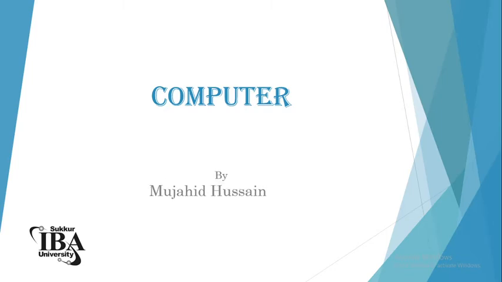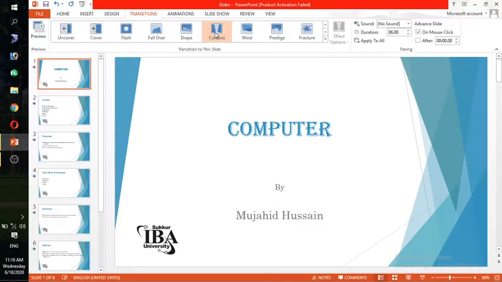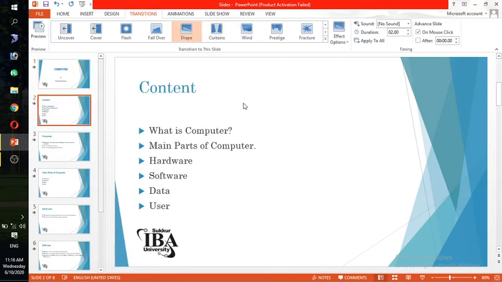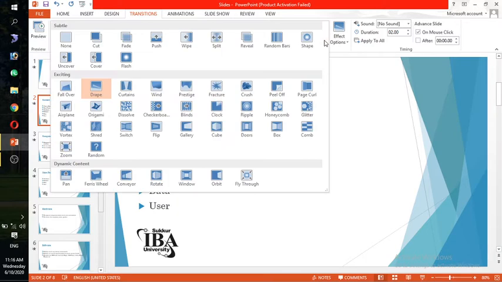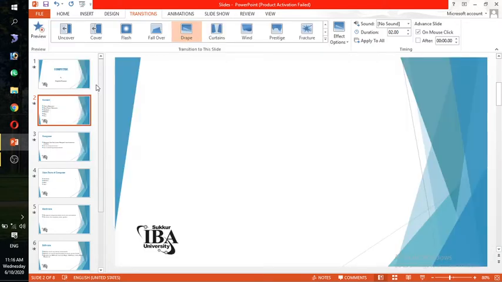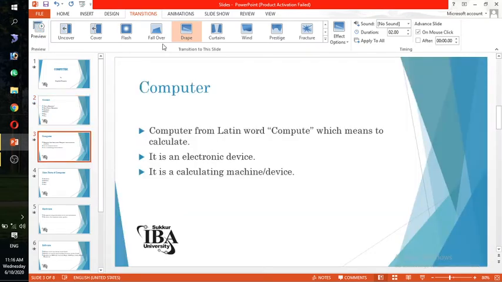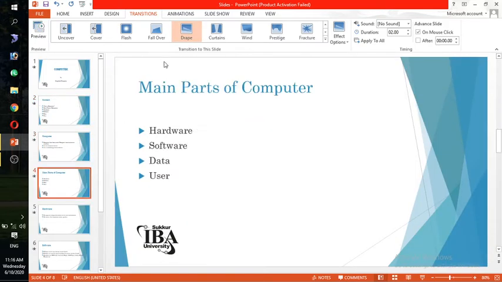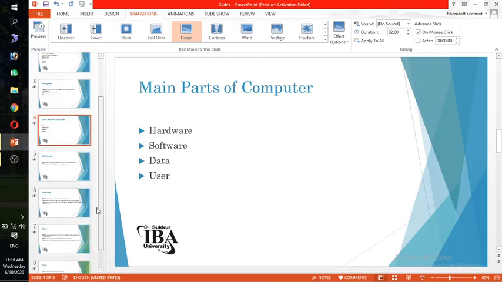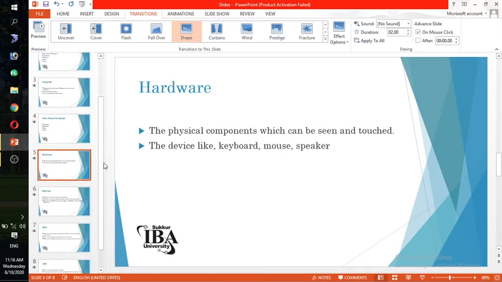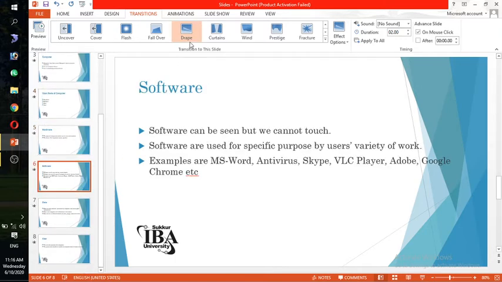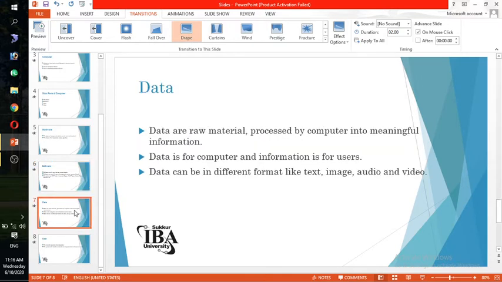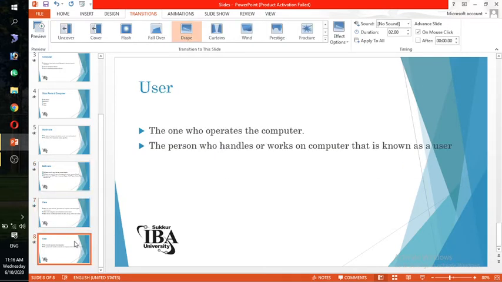Computer by Mujahid Hassan. So now I have applied this on the first one, and after the first slide I am going to apply the transition on the others. For the second one I am applying this, for the third this, for the fourth this one, and for the fifth this one, for the sixth the same, for the seventh same, for the eighth same.